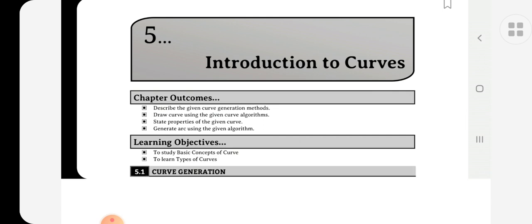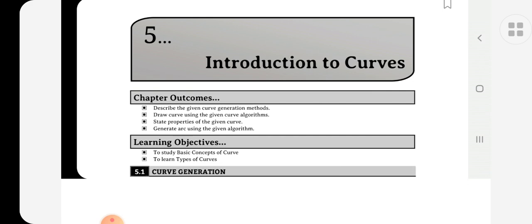In this video, we will discuss the given curve generation methods, how to draw a curve using the given curve algorithms, state the properties of the given curve, and generate an arc using the given algorithms.